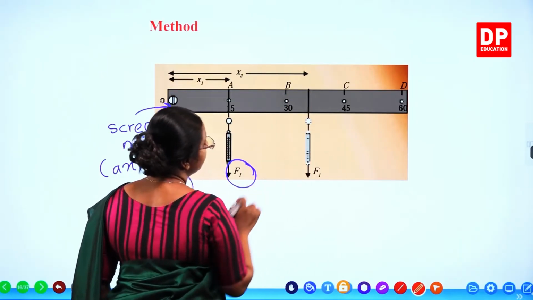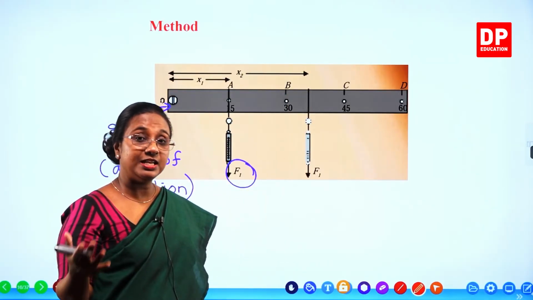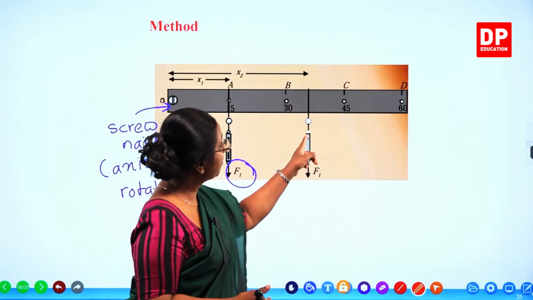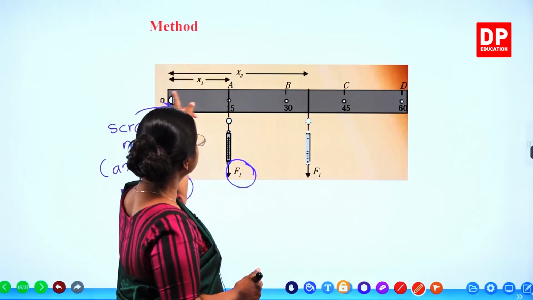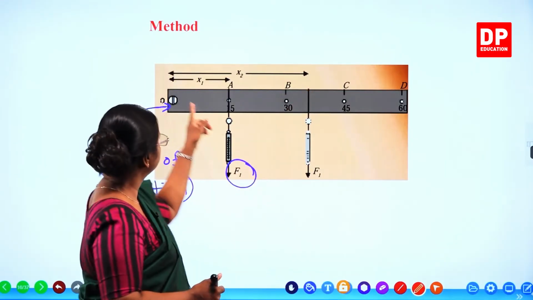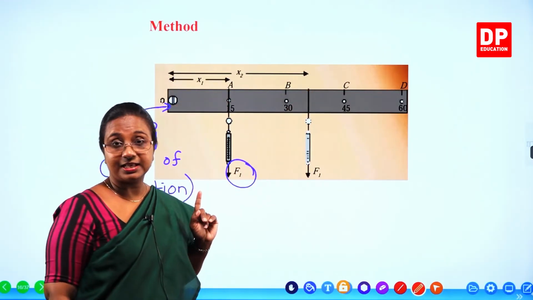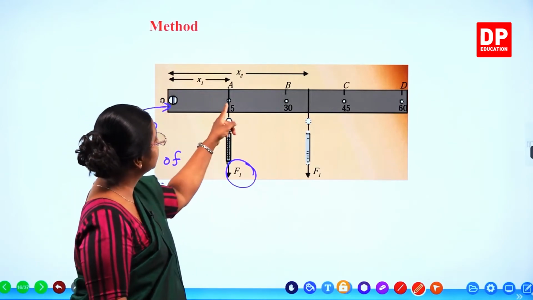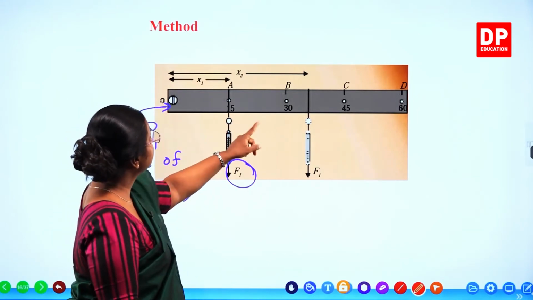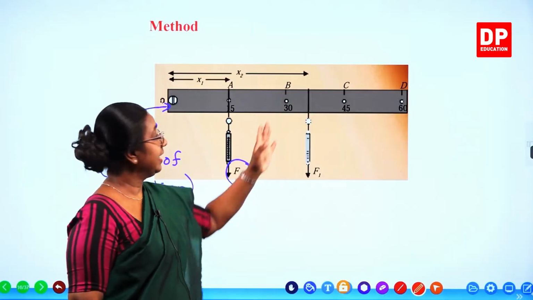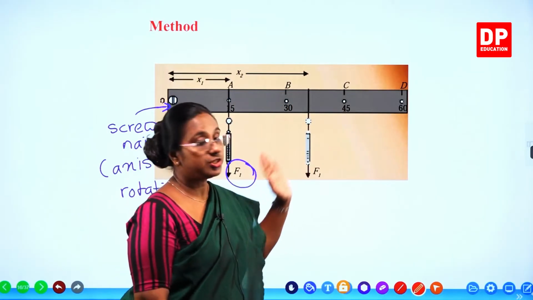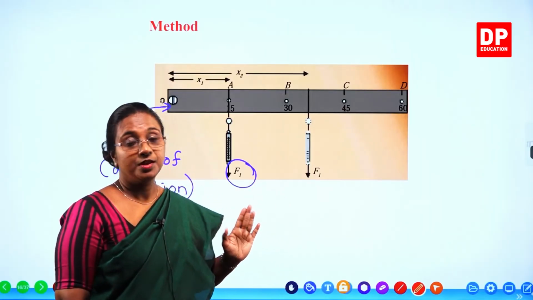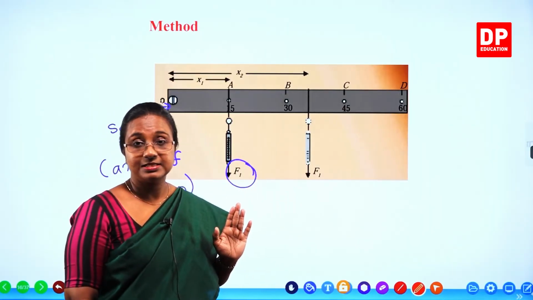With the same force F1, that is, I said if it's 10 Newton, the strip of wood starts to move. Then you measure this distance. So the first distance has been marked as x1, that is from the nail to point A. The second distance is x2. It can be here, it can be between A and B, or it can be closer to C, that doesn't matter. So you find the distance.